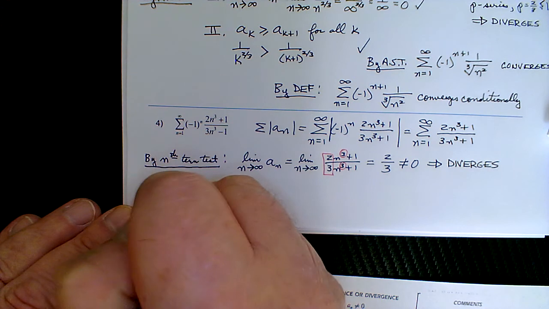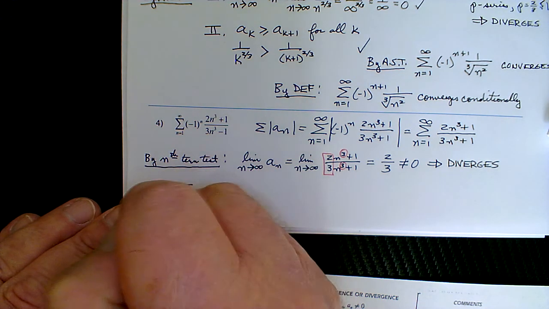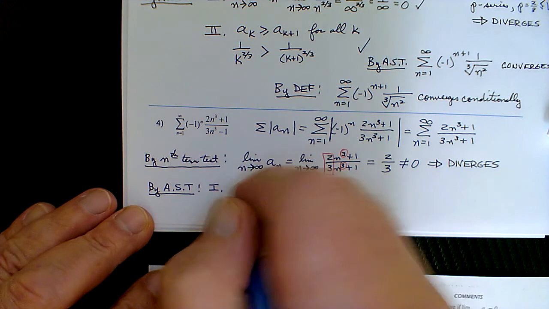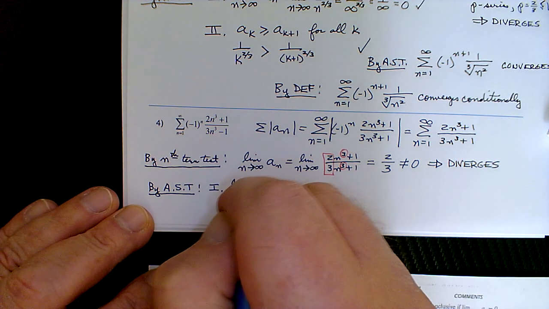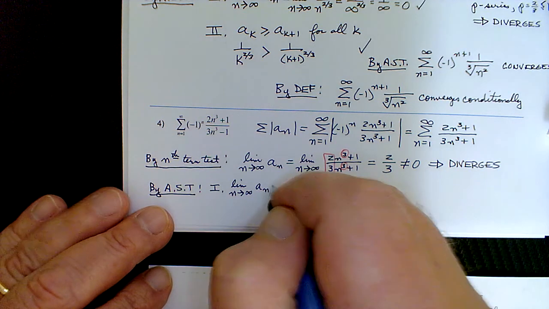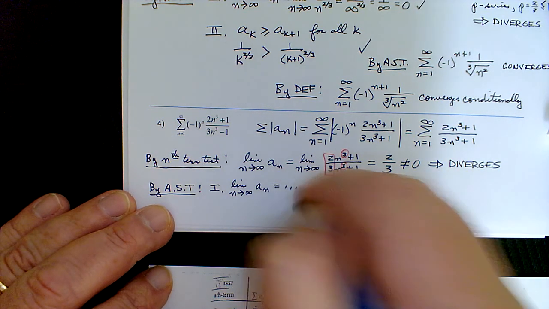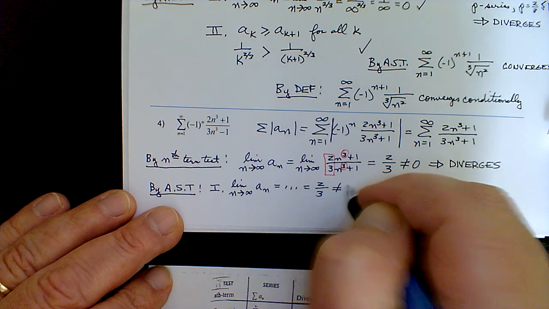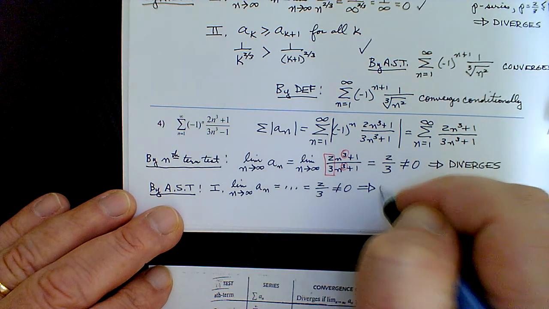But by the alternating series test, the first condition that we checked is basically the nth term test. And it's not 0, so we say it diverges.